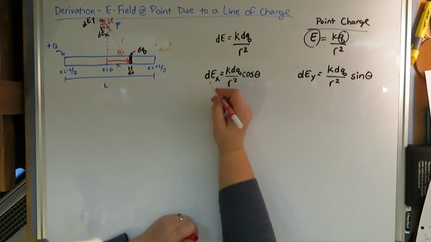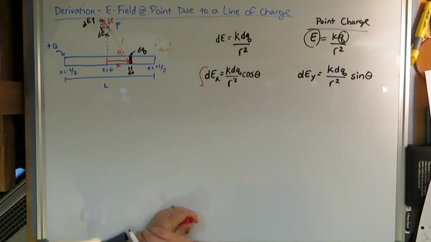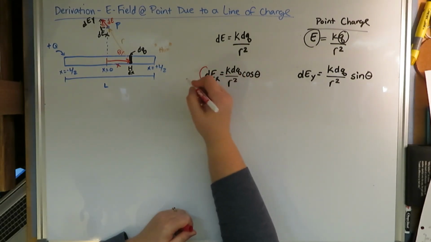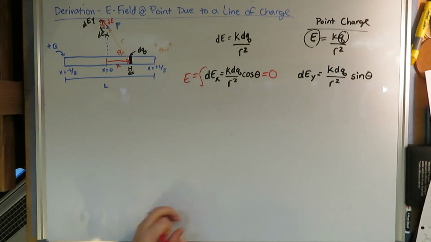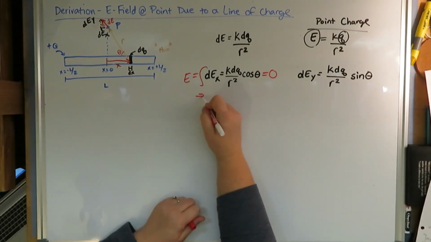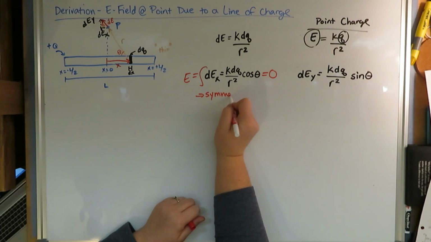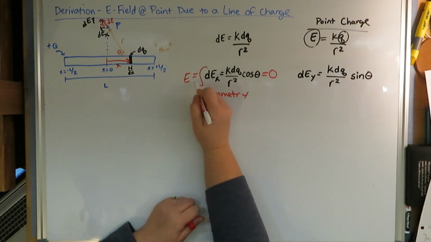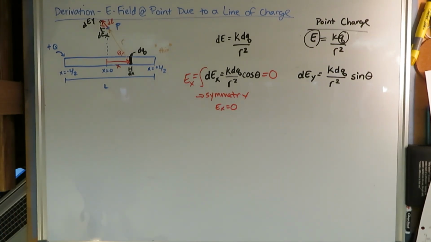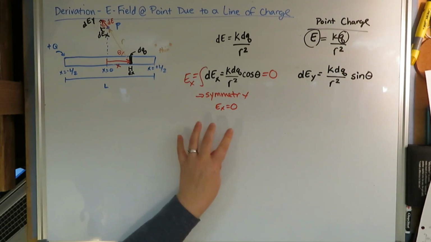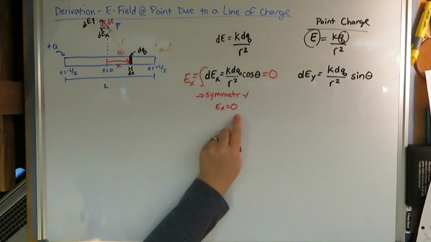So actually, if I were to integrate dEx, this is going to give me an electric field that equals 0. So I can just say that, because of symmetry, Ex is equal to 0. So I don't need to go through and solve. Now, you could do the setup and you could solve it and you could prove that it adds up to 0.